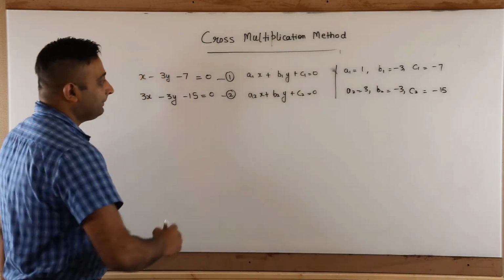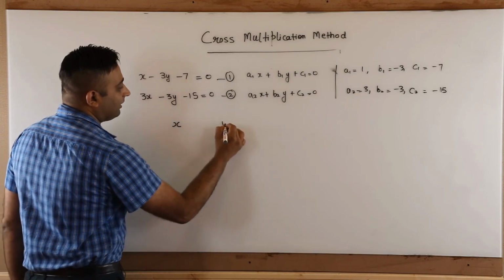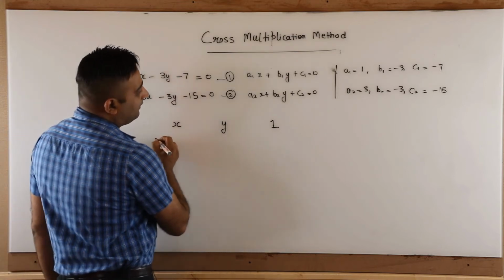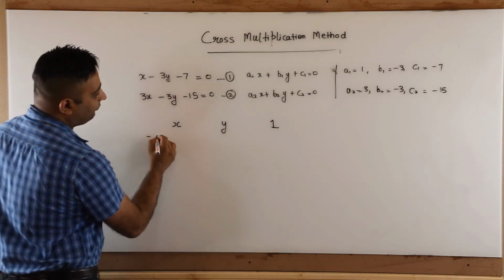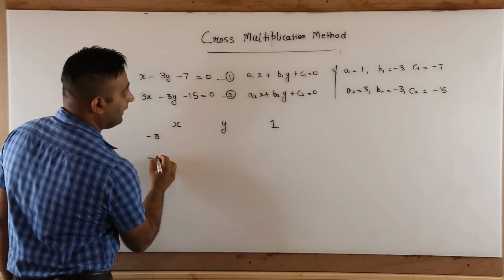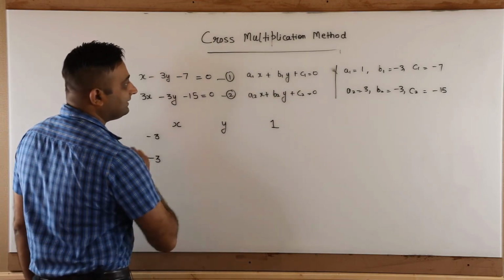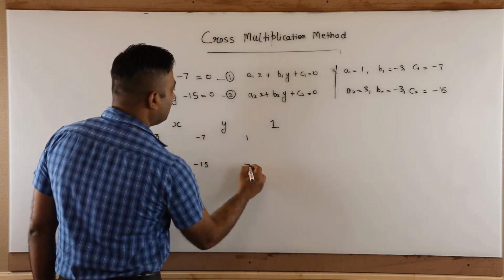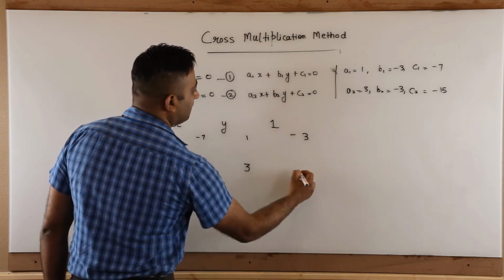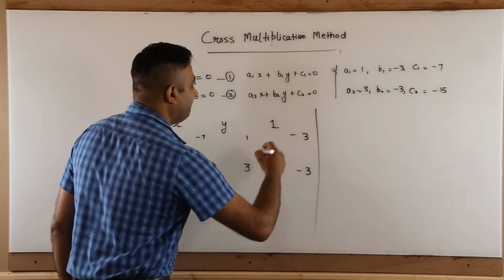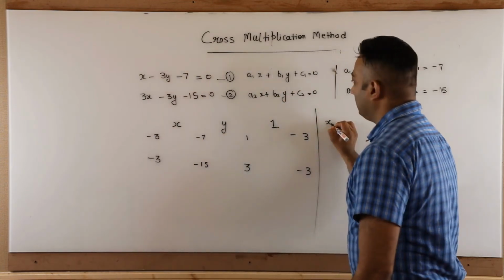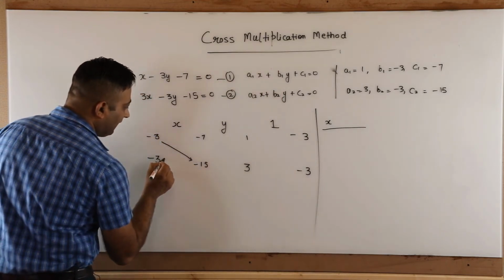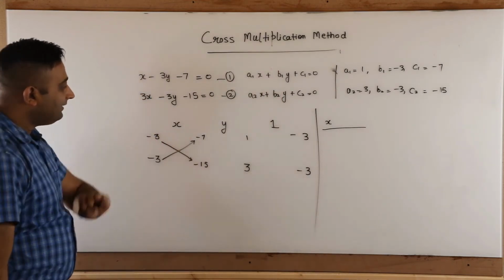Now let us solve this by the diagram we have earlier discussed. So x, b1 b2, so here we have to write minus 3 and here again minus 3, then c1 c2, there it is minus 7 and minus 15, then a1 a2, that is 1 and 3, then again b1 b2. So now let us make some equations. x upon, we have to cross multiply minus 3 and minus 15 and subtract the multiplication of minus 3 and minus 7.